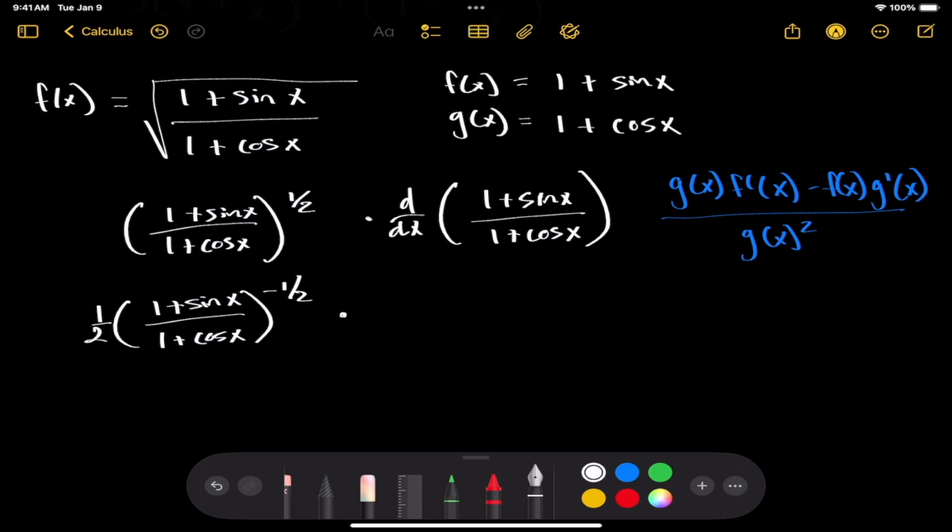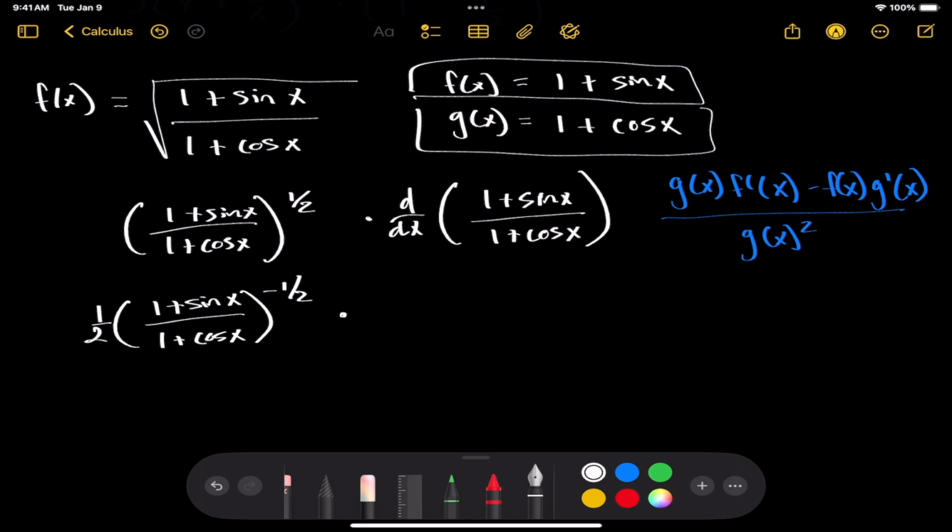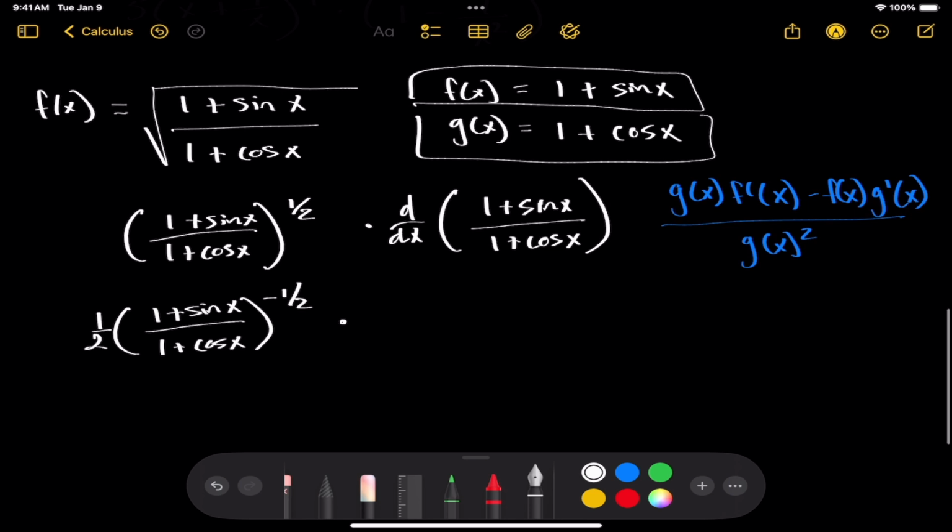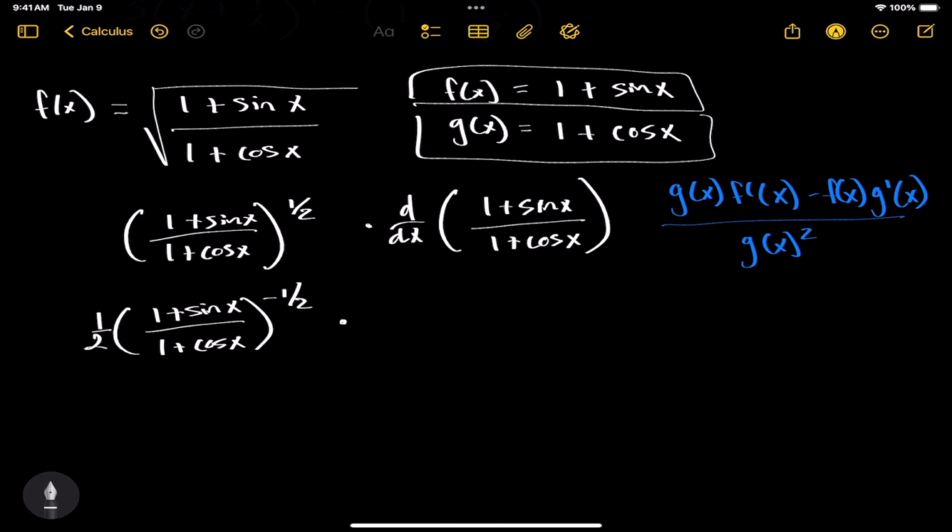All right, so as we can see here, we have the f of x and the g of x. We'll start off with writing the g of x. I might need a lot more space. Let me move this over. We'll start off with g of x, so that's 1 plus cosine x. We're not taking the derivative of that one, we're taking the derivative of the f of x.